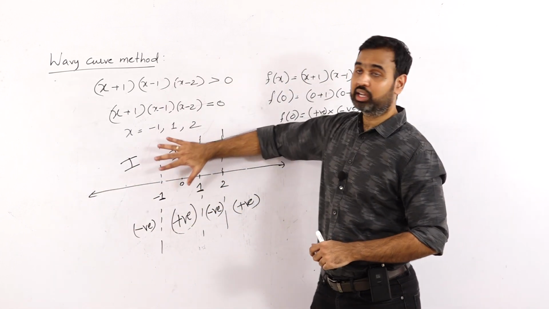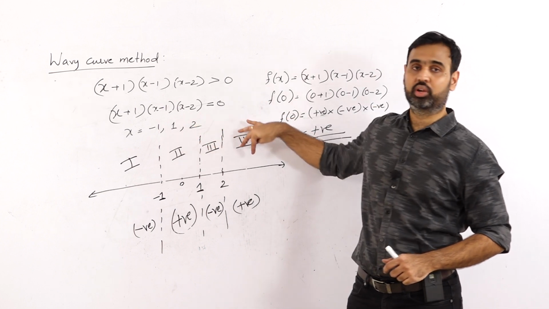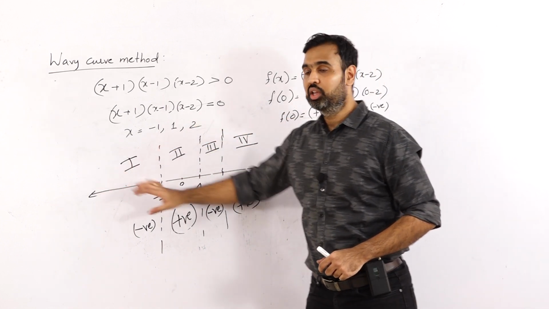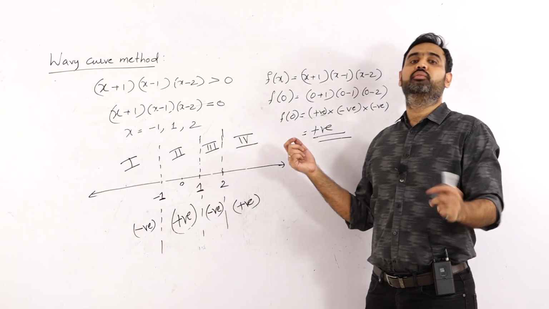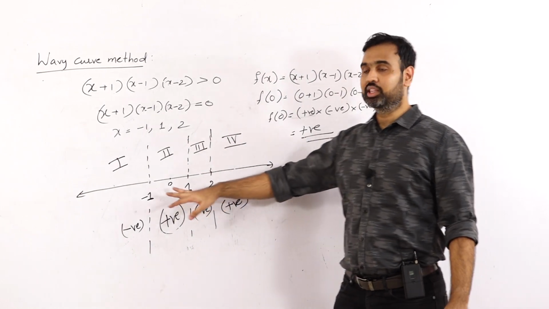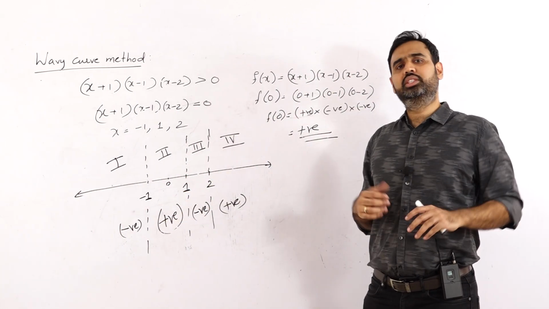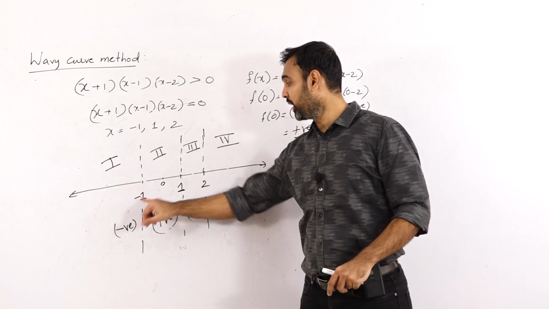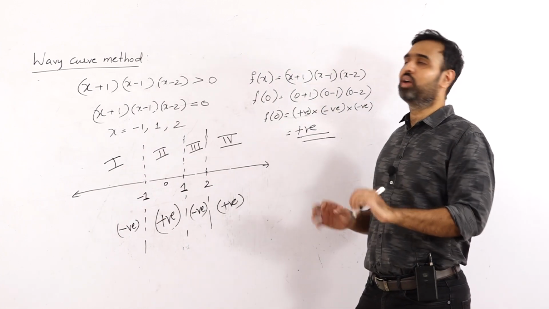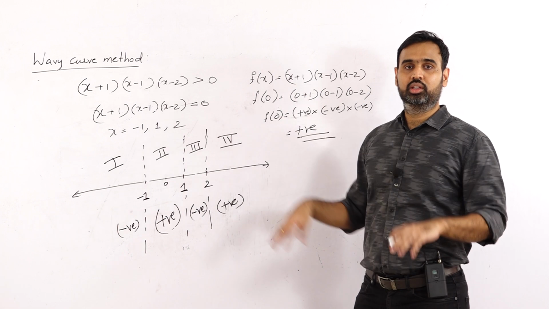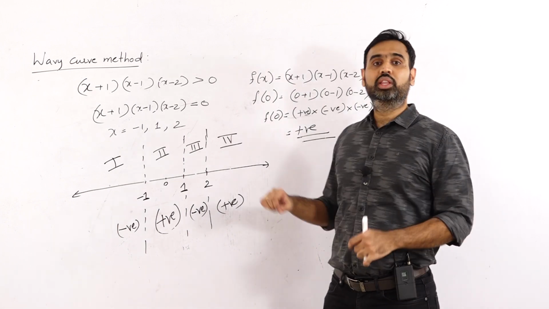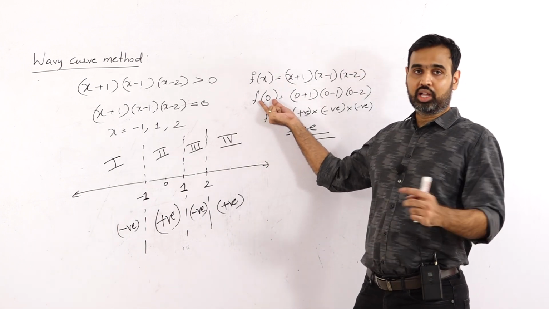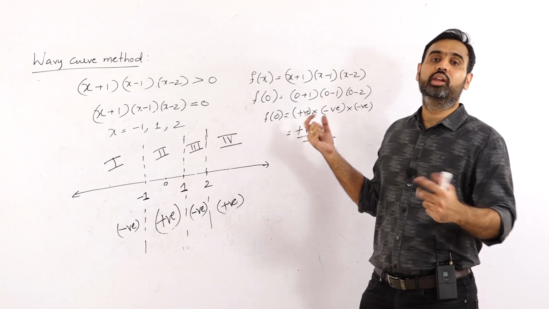After getting all the 4 regions, we substituted some value of x. It is not necessary that you should only substitute 0. You can substitute any value of x except -1, 1 and 2. You can also substitute 1000. We should find whether the output for that value of x is positive or negative.